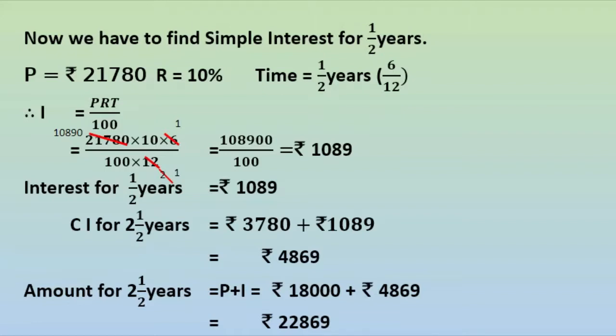That is the compound interest for 2.5 years. Also asked what is the amount. You know the formula of amount is P plus I. What is our P? Our P is 18,000 plus compound interest we got 4,869, while adding we get rupees 22,869.